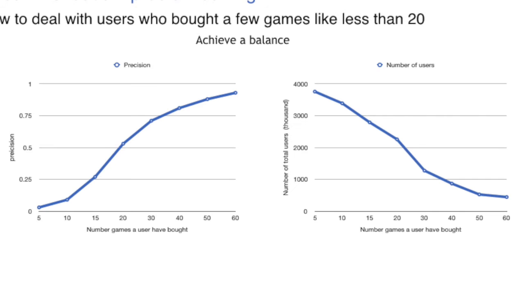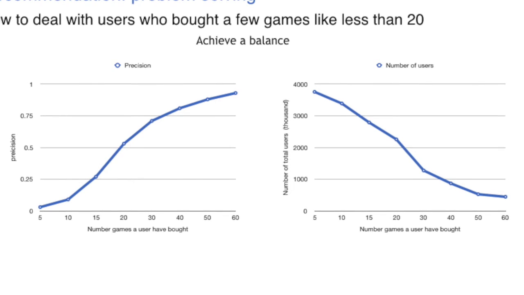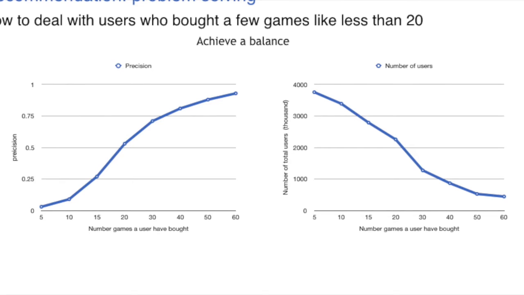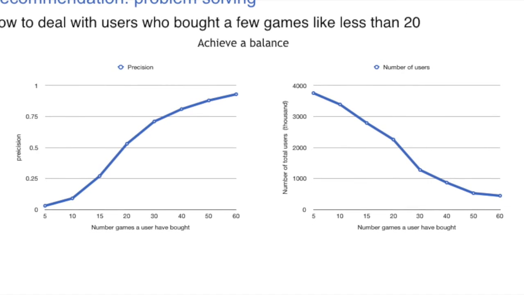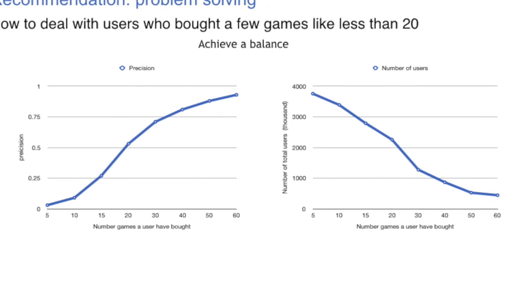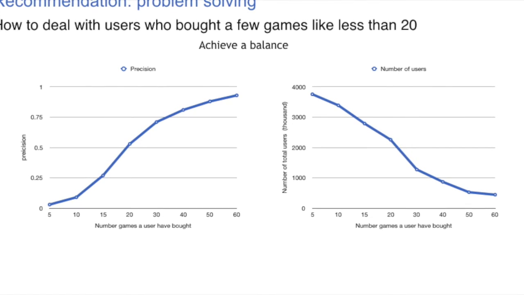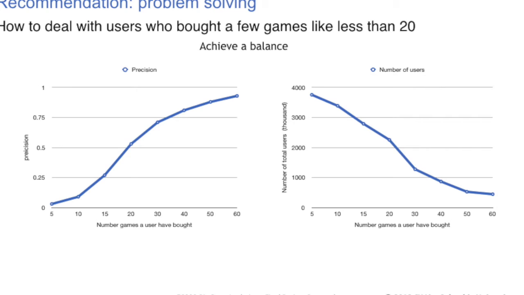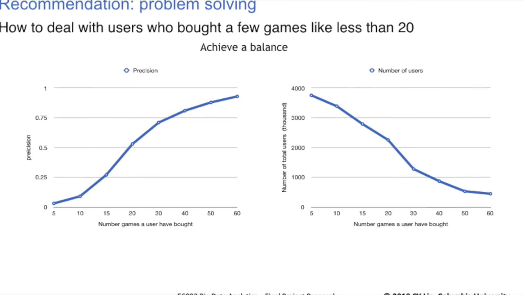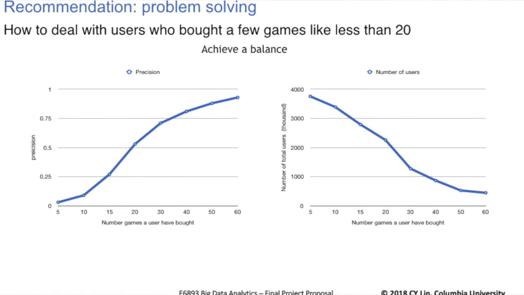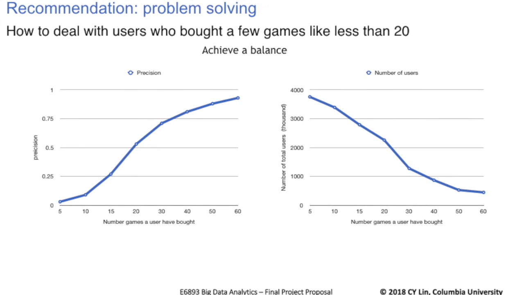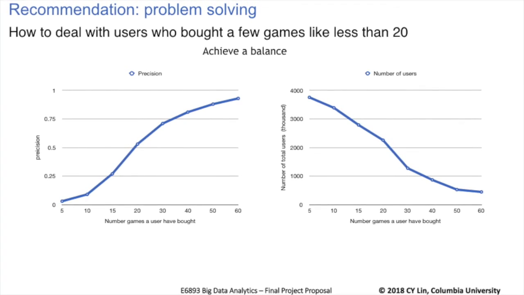The second question is that I have more than 5,000 games while some users only bought less than 10. It is difficult to recommend games for these people, so I made an experiment. As we can see, the precision becomes higher when I set a threshold for the least number of games a user has bought, to get a balance where most users can be recommended with a higher precision.